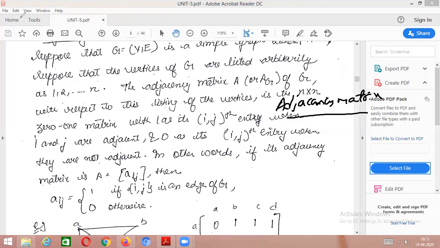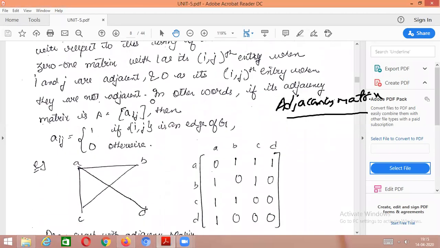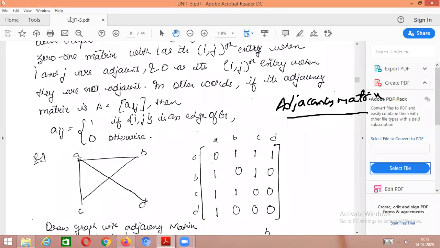How it works, for example, is the simple definition: A is a matrix, Aij. Aij has value 1 if i comma j is an edge of G. So its meaning is, if i comma j are two vertices and there is an edge between them, you take its value as 1.